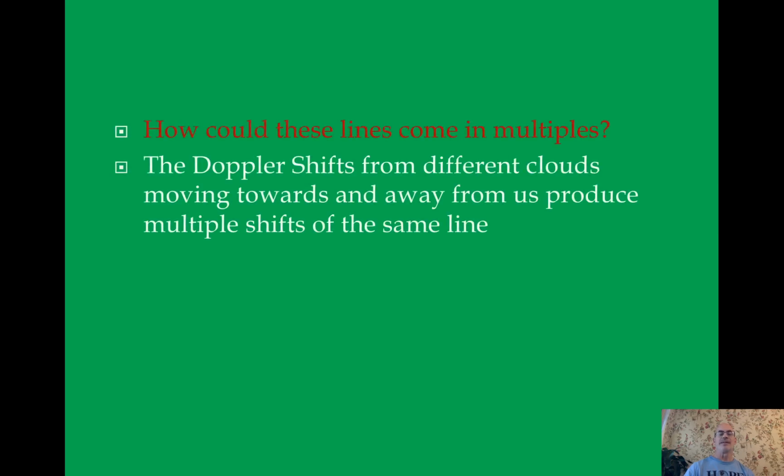Well, we learned about the Doppler shift. You can imagine if the cloud is turning, part of the cloud might be moving towards us, or a different cloud moving towards us, and one cloud moving away from us. So you could get shifting of those lines.